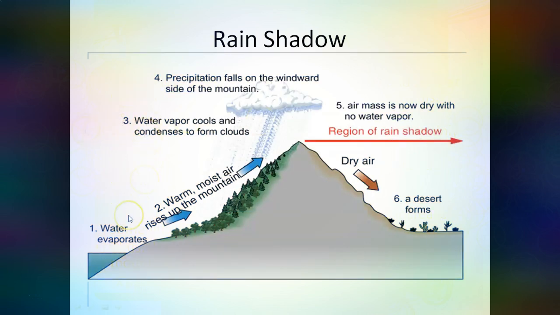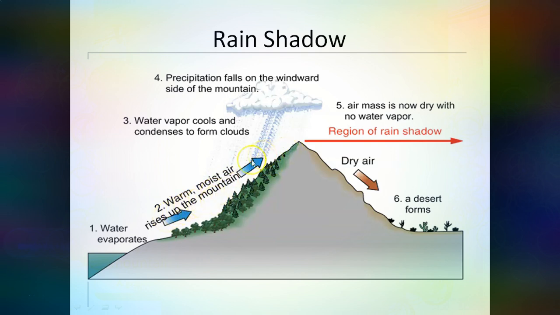So, we can see here that as the air moves from the sea, first of all, at the water body, water will evaporate. The air will carry these water vapors, and warm, moist air rises up the mountain.